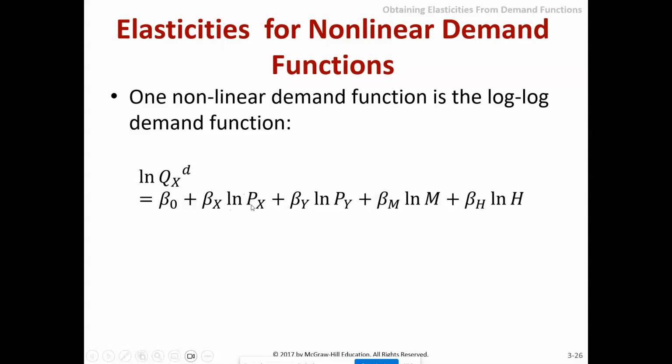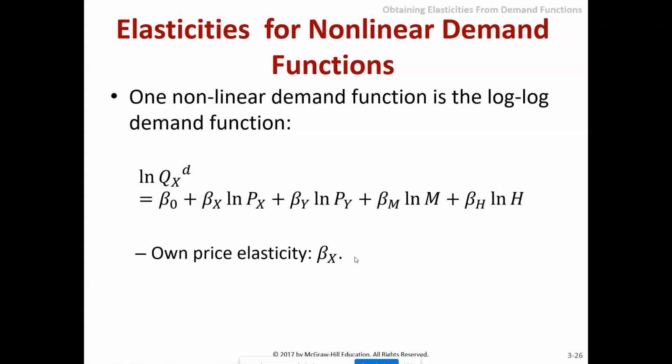We take the natural log of price of X, natural log of price of Y, natural log of income, and other variables. So this is log linear, and linear in summation format as opposed to square or multiplication. So it's called a log linear demand function or log demand function.